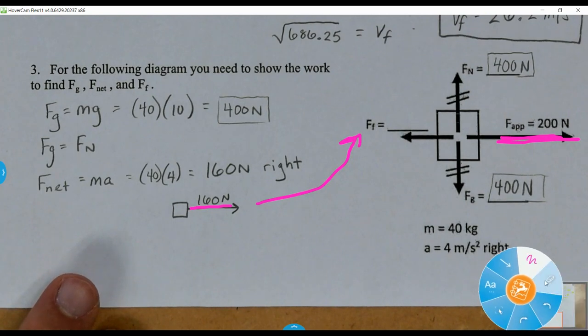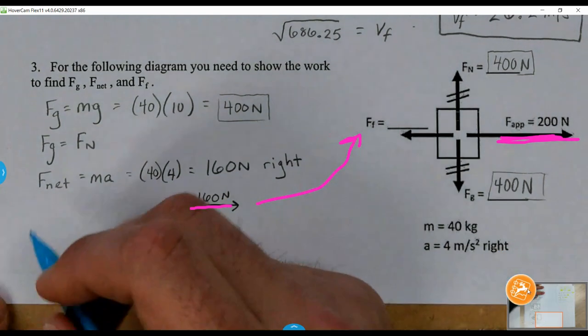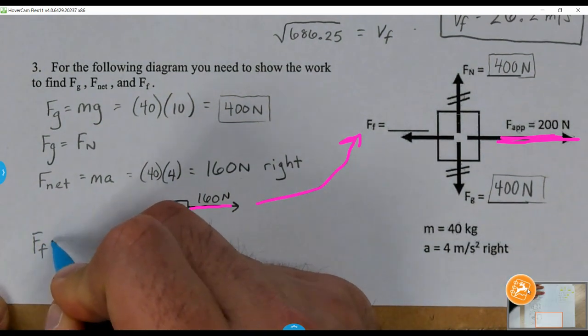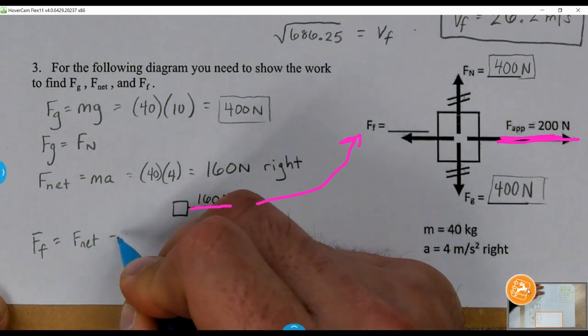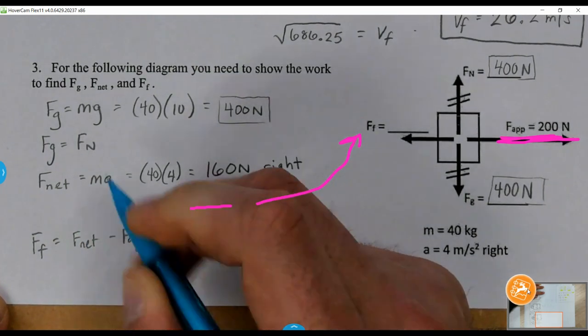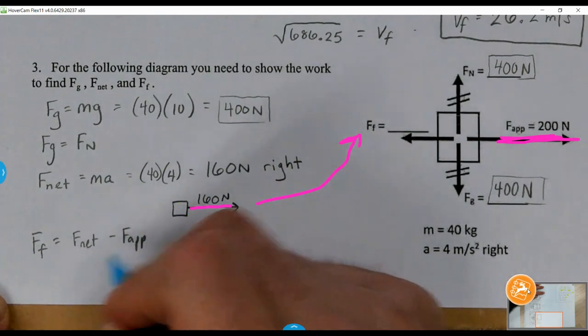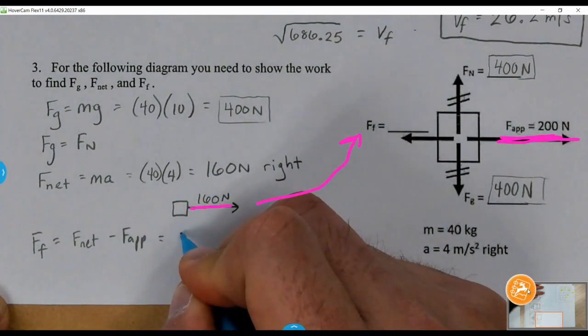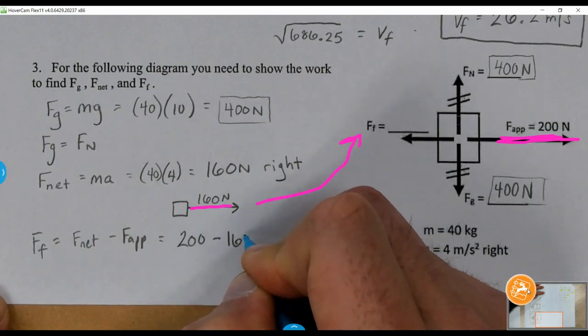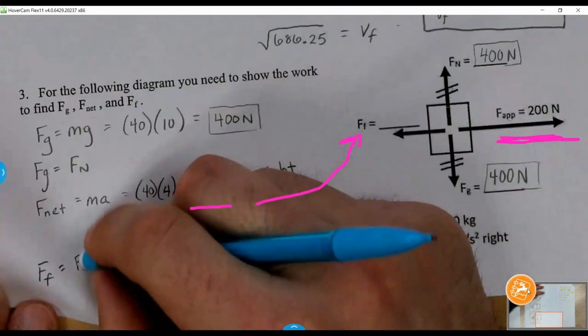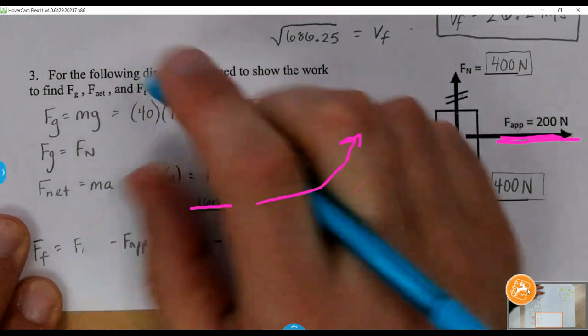So there's not an equation you need here. You're going to just do friction force will equal your applied force minus your net force. So we're going to have 200 minus 160. I'm sorry, it should be applied force minus the net force here.